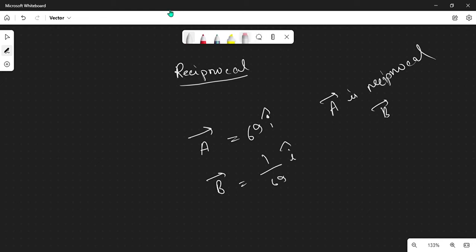So these are reciprocal vectors. Very easy. And now the second one is the opposite vector or negative vector.